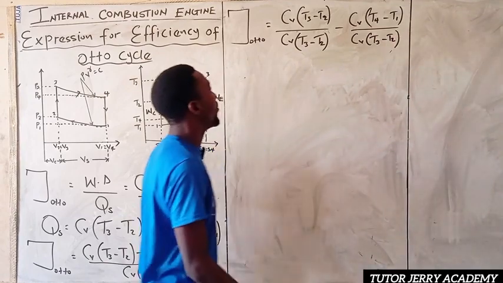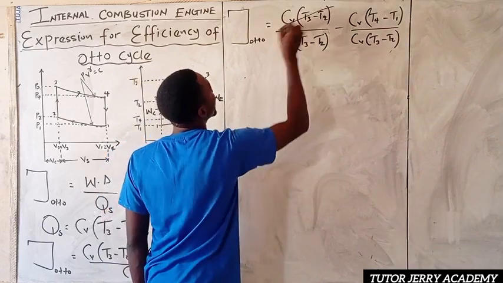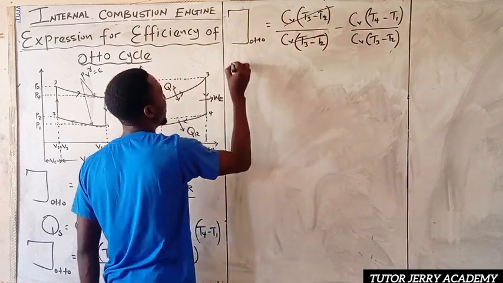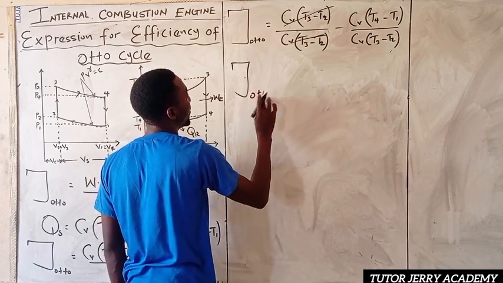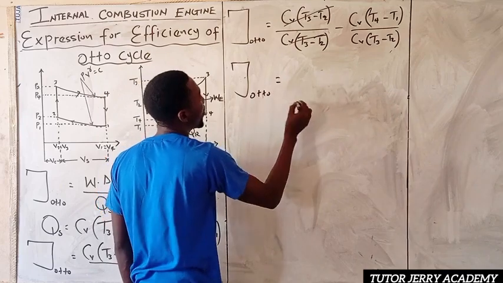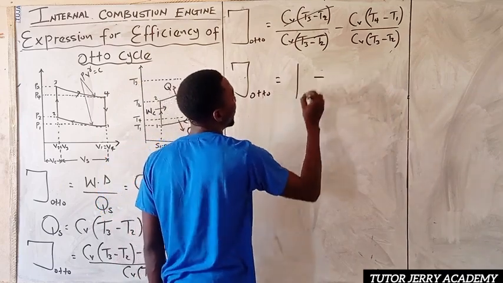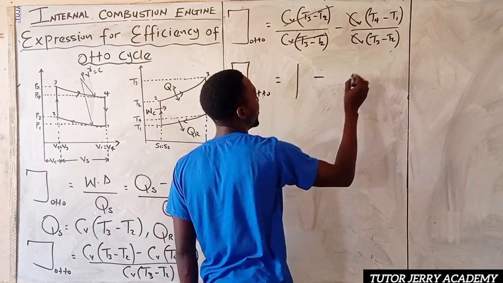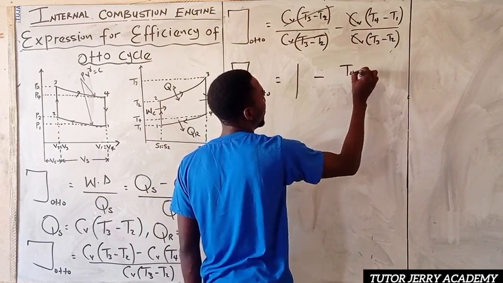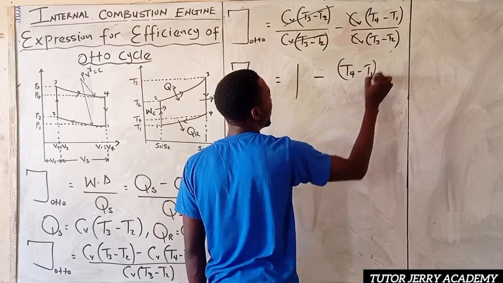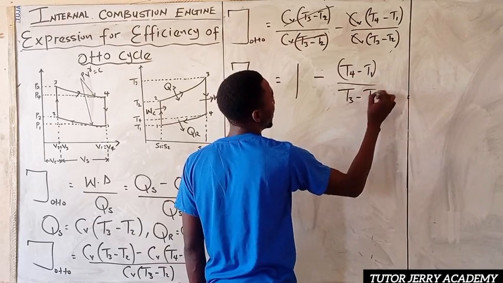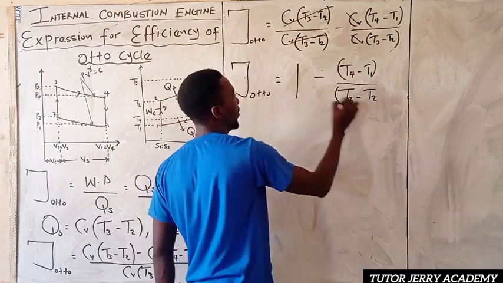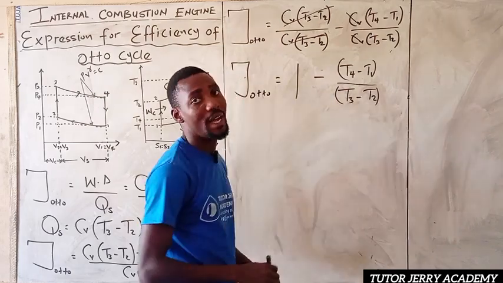All right. So if you do that, you observe that this will go with this. So we can therefore say the Otto's efficiency will be equals to 1 minus CV will go with CV, T4 minus T1 all over T3 minus T2. All right. So this is the formula for an efficiency.